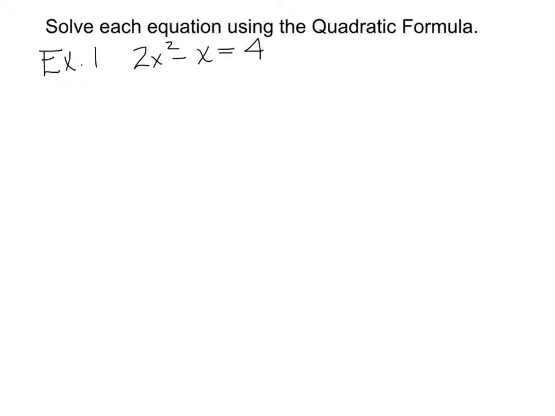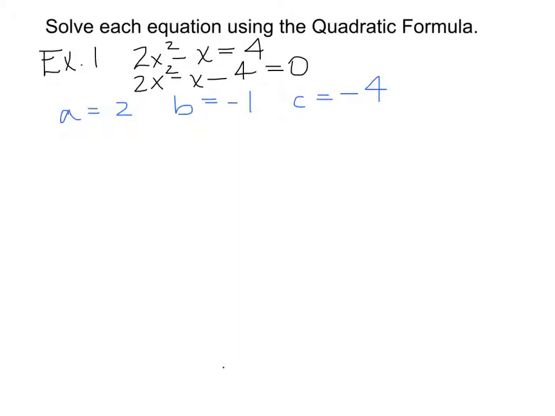So for example, and it's good that we keep our leading coefficient positive, I'm just going to move everything over. And what I do is I identify A, B, and C so that when I apply my formula, I'll have everything that I need.